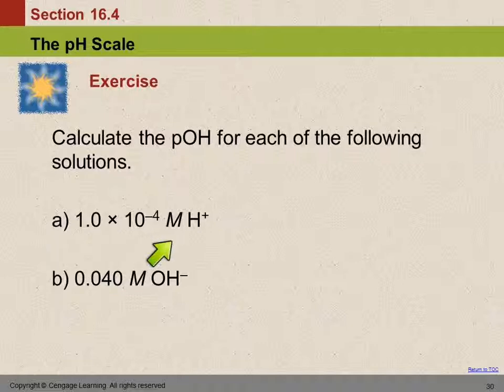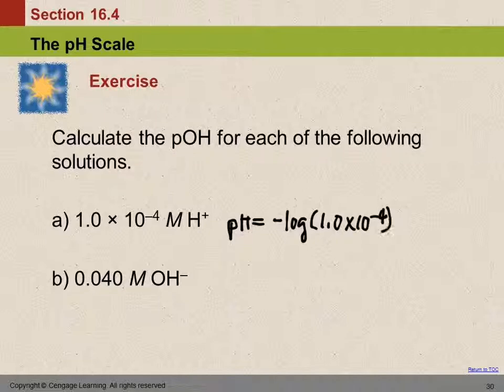So this guy. We have hydrogen ion concentration. They want us to find pOH. Let's calculate the pH first. We can actually do that in our heads, right? pH is the negative log of the hydrogen ion concentration, which here is 1.0 times 10 to the minus 4. The log of 1.0 times 10 to the minus 4 is minus 4. We change the sign.